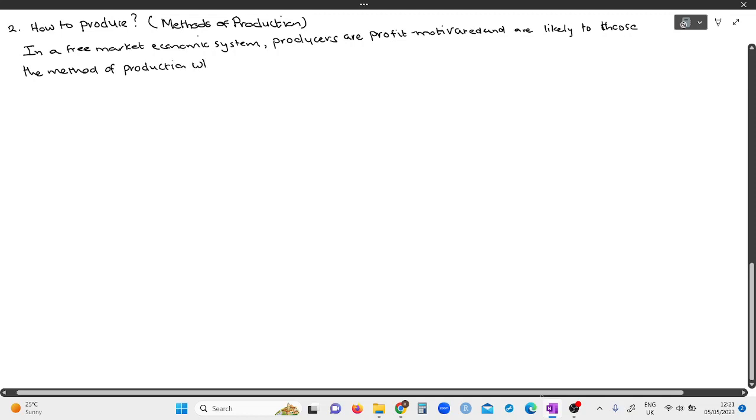C'est-à-dire ce qui peut coûter moins cher, which is more efficient, which is less costly and more efficient. Vous n'allez pas vous faire gaspillage, ok, du plus efficace in terms of efficiency and cost. Donc, this is the method of production that will be used. They will be using. Donc, in order to maximize the profit, they will use the cheapest method.